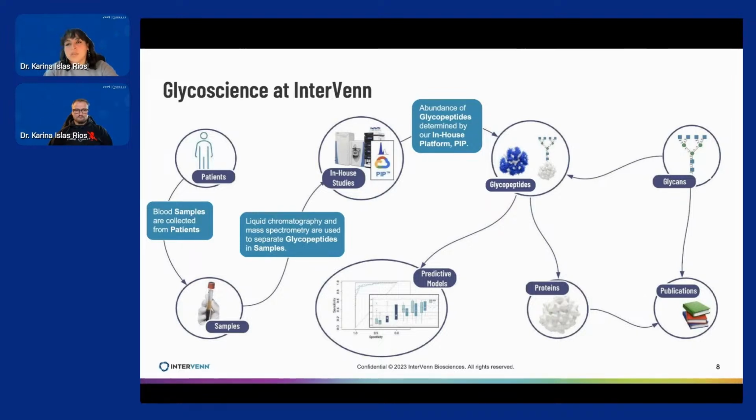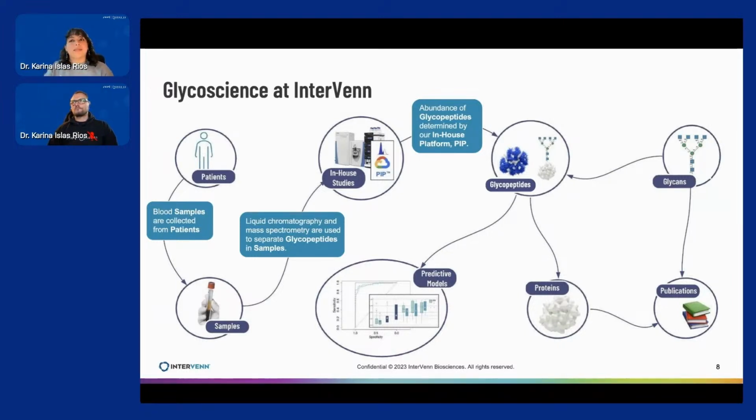We could also determine whether a patient is going to respond to a specific drug. We mentioned that this is about cancer, but it doesn't have to be precisely cancer. It could be another condition.